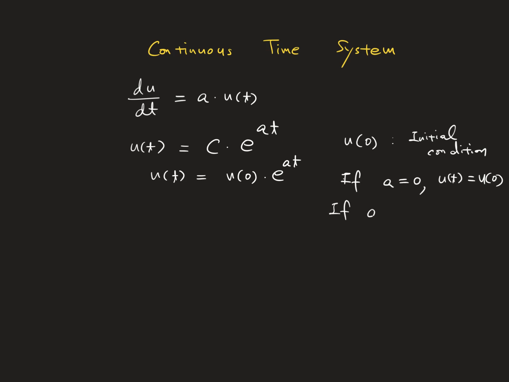And if a is less than 0, it'll fade out, so the limit as t goes to infinity of u of t will be 0. If a is complex, it'll oscillate. For example, if a is just a complex number, then there will be oscillation.